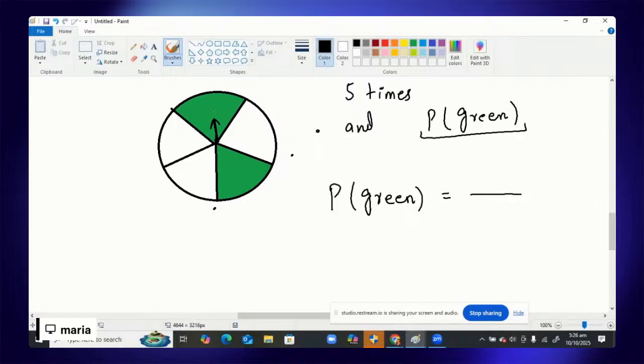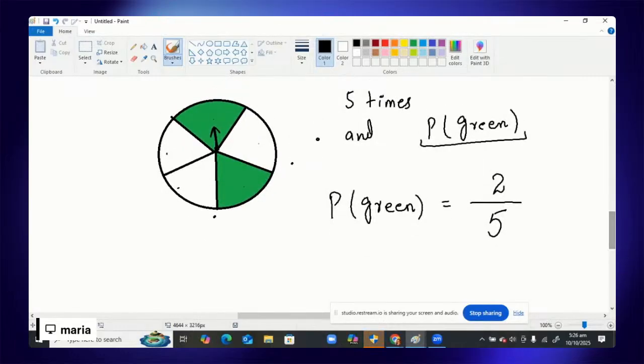The total colors are 1, 2, 3, 4, and 5. So put 5 in the denominator. And how many colors are green? There are only two. Two colors are green, okay?